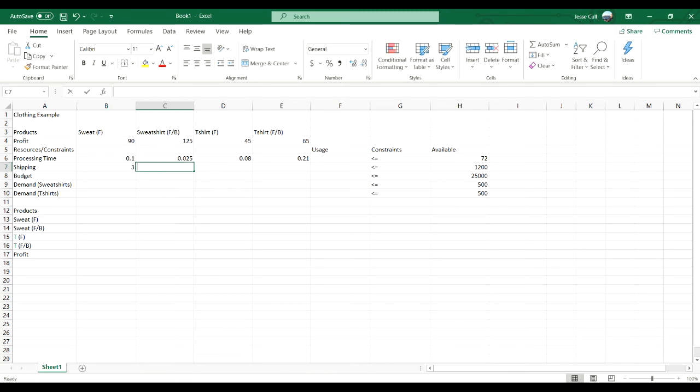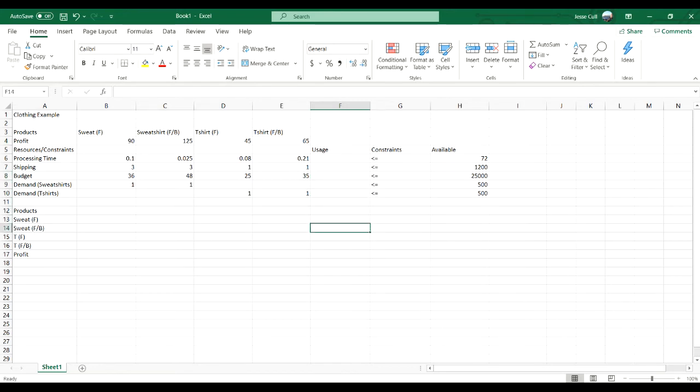Shipping, sweatshirts require 3 units of space each, t-shirts require 1 unit of space each. In terms of manufacturing, $36, sweatshirt with the logo on the front, $48, sweatshirt with the logo on the front and back, $25 with the logo on the front, and $35 if the logo is on the front and the back of a t-shirt. We know the demand, and so now we have all of the relevant information entered.